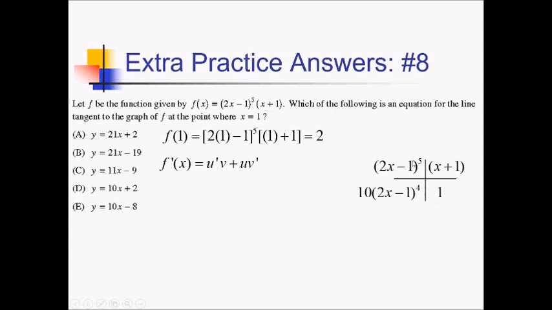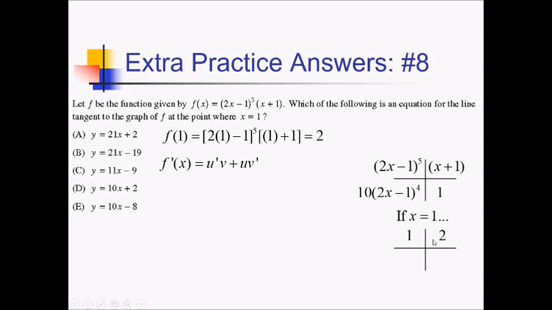So now using the ribbon to put it all back together, well, actually, I just need the derivative of this thing at 1. So let me just plug 1 in directly inside the box here. So 2 times 1 minus 1, that's going to be just 1. Because if I raise that to the 5th, that's still 1. And then over here I've got 1 plus 1, which is 2.